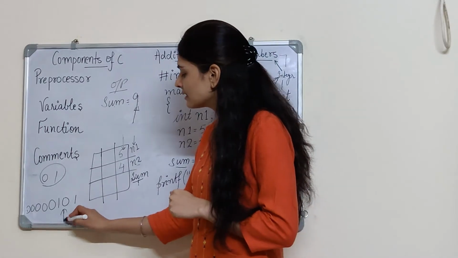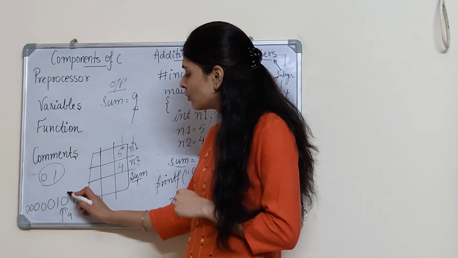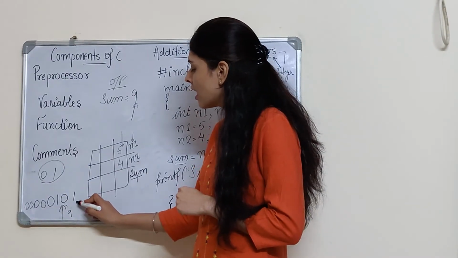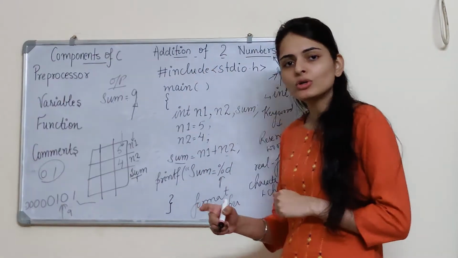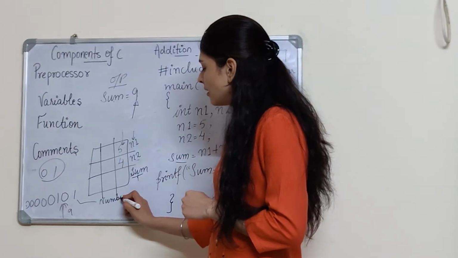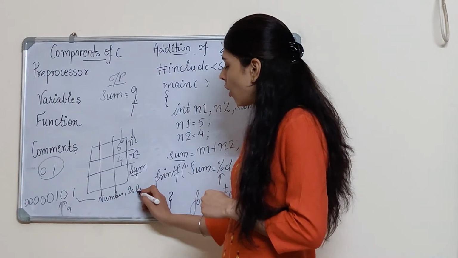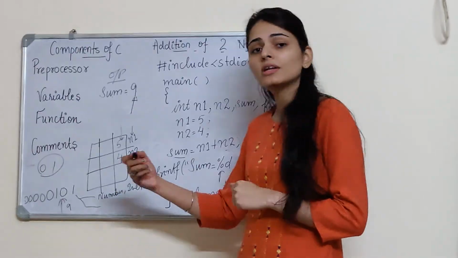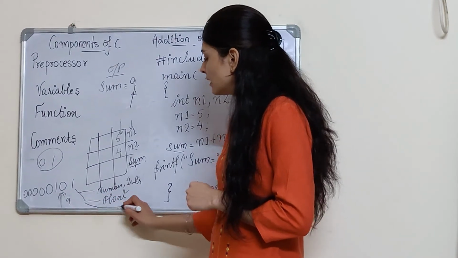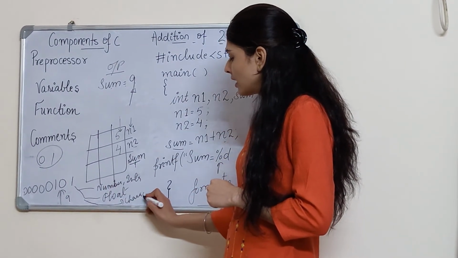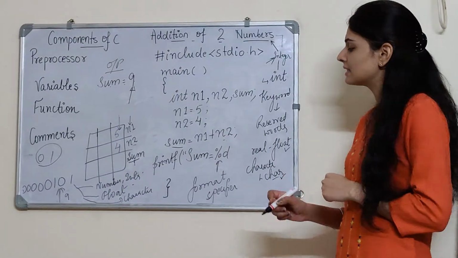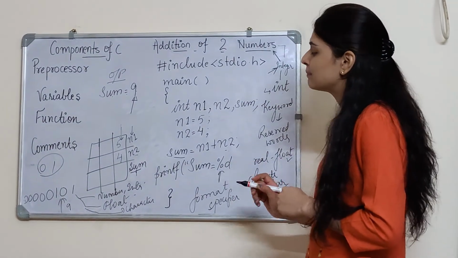Since everything is there in the bit format, we will have to mention how this bit format number needs to be represented. Whether we want to display it in the form of an integer, or in the form of a float, or in a character format, for whatever format we want, we have a format specifier.